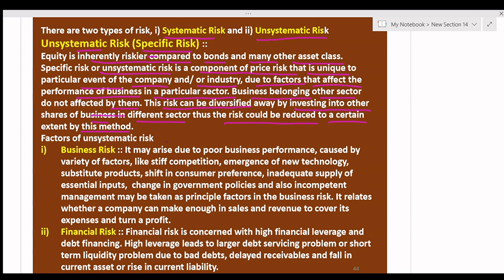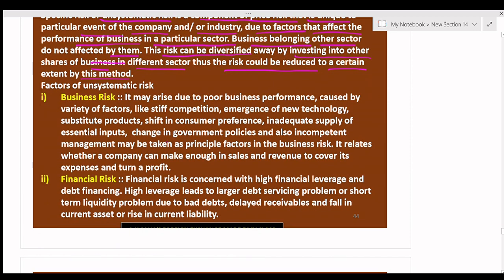Now, factors of unsystematic risk. Number one is business risk. It may arise due to poor business performance caused by a variety of factors like steep competition, emergence of new technology, substitute products, shift in consumer preference, inadequate supply of essential inputs, change in government policies, and also incompetent management may be taken as principal factors in the business risk.